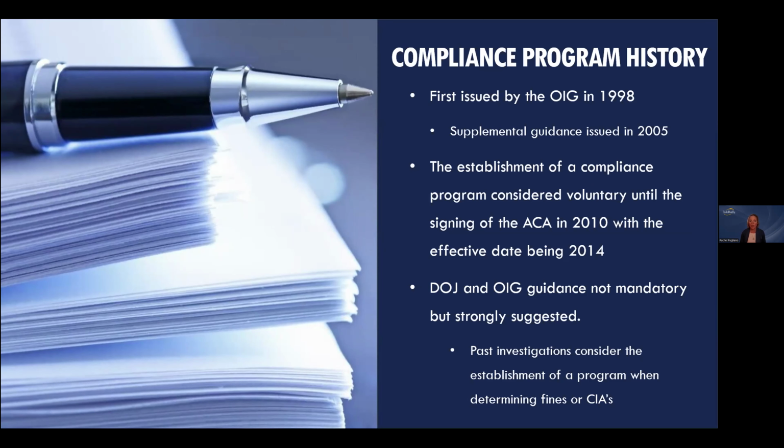Now, it doesn't mean that it needs to look exactly the way that the program is described in the OIG guidance. Again, it is considered guidance, but I think we all know that working with the government, oftentimes guidance is strongly suggested, and oftentimes having a program that looks similar to what the OIG has issued bodes well for any investigation that the organization might be in the midst of.